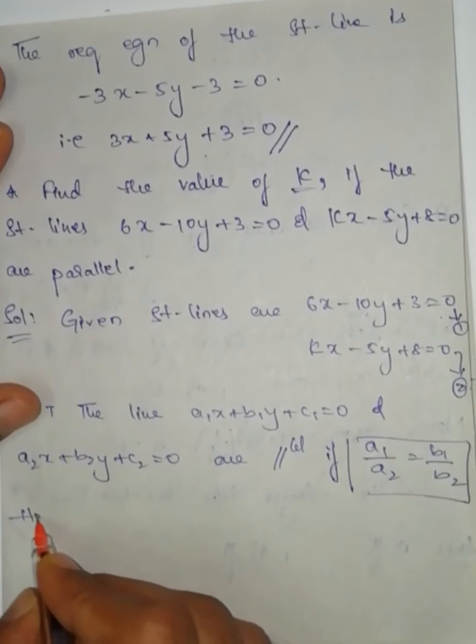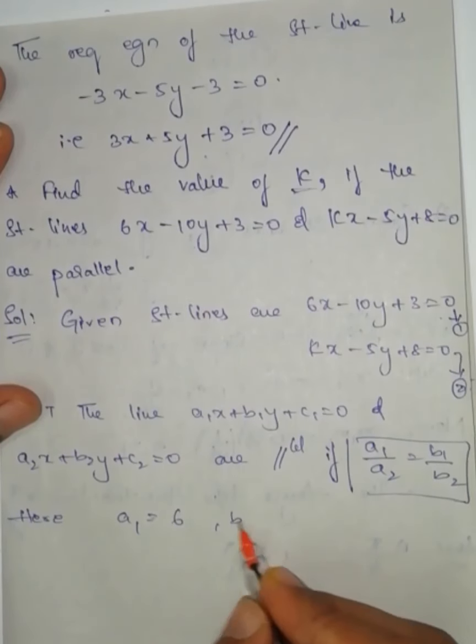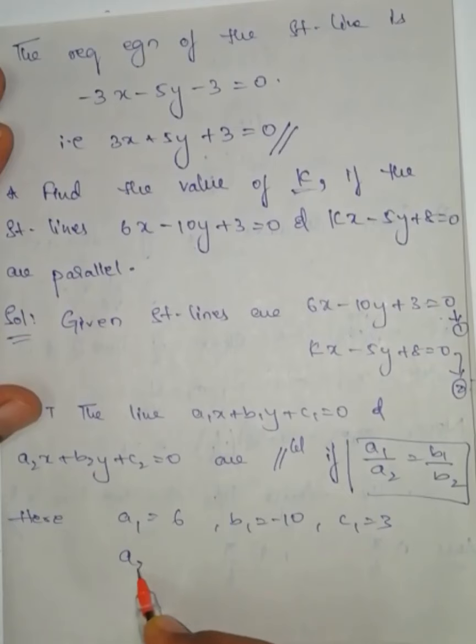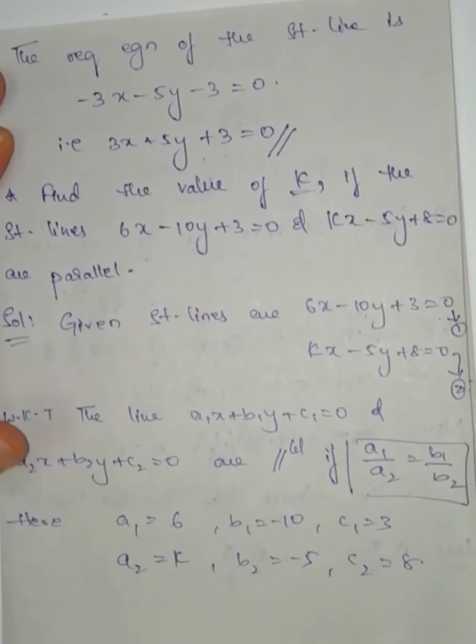Here, what is a1? 6, b1 is -10, c1 is 3, a2 is k, b2 is -5, c2 is 8.